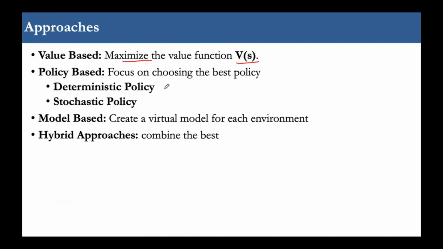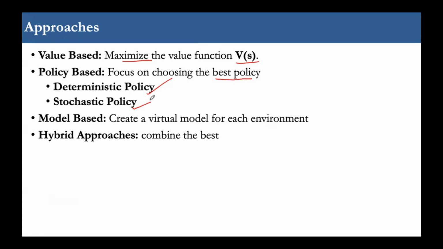In the policy-based approach, we focus on choosing the best policy, in which the action performed in every state maximizes the reward in the future, as we have seen in the previous example. There are different types of policies. One is deterministic policy and another one is stochastic policy.